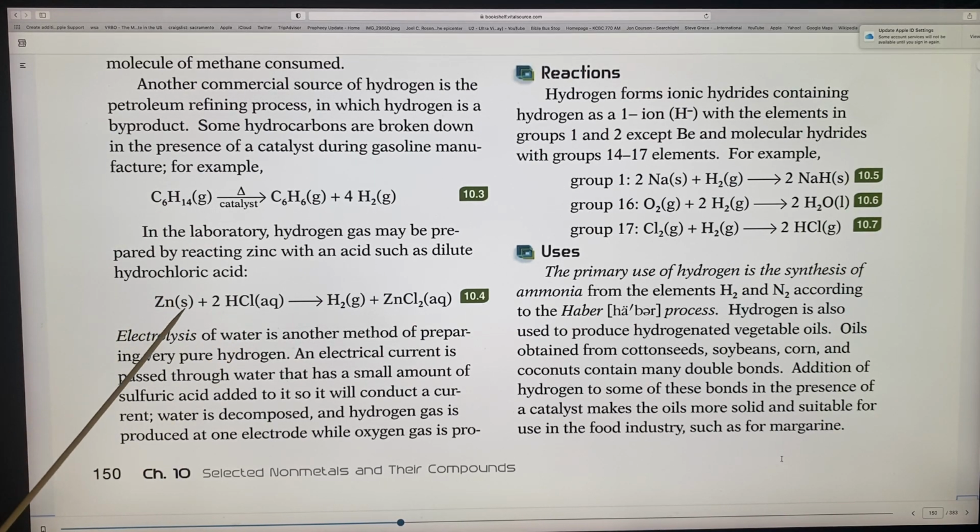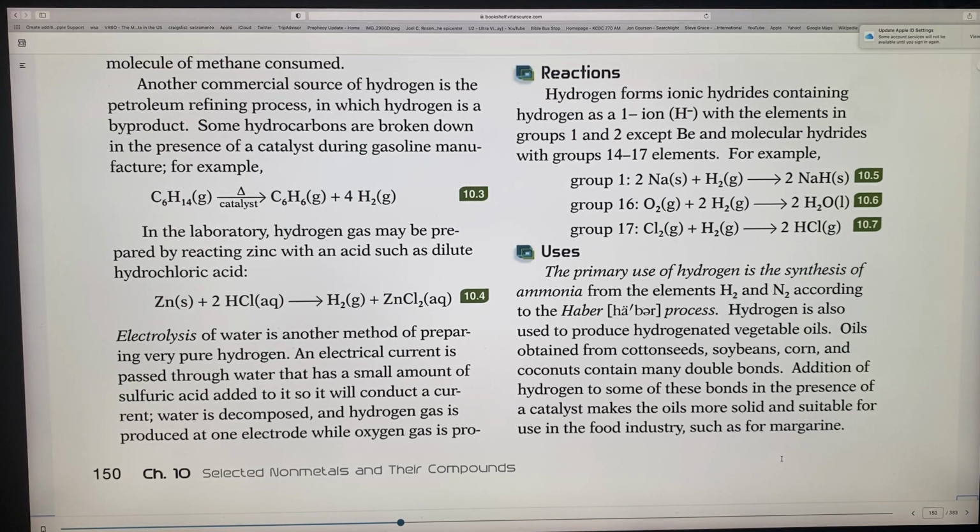The zinc combines with the chlorine, which they combine very readily, and then in the midst we have hydrogen gas. That's how they usually like to bring forth hydrogen gas in the laboratory.